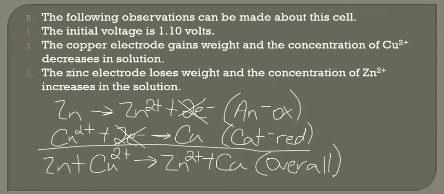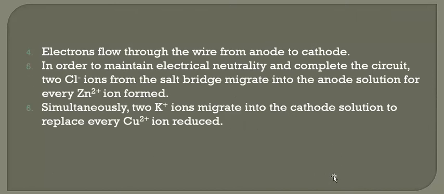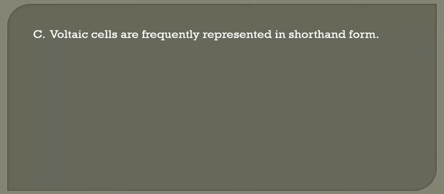And that salt bridge will maintain charge balance. So 2 Cl- ions from the salt bridge will migrate into the anode for every Zn2+ ion formed. Simultaneously, 2 K+ ions will migrate to replace every Cu2+ ion reduced. So that salt bridge maintains that charge balance.